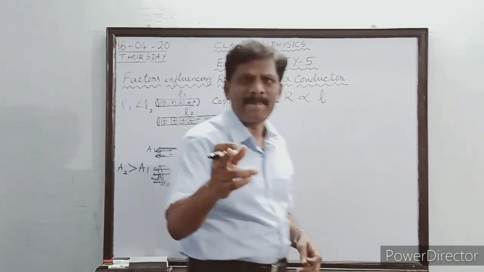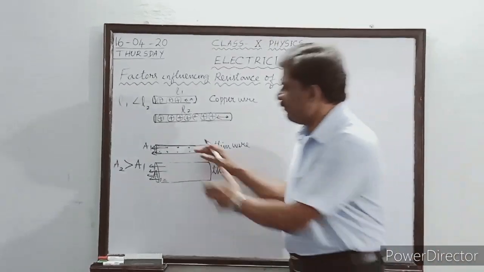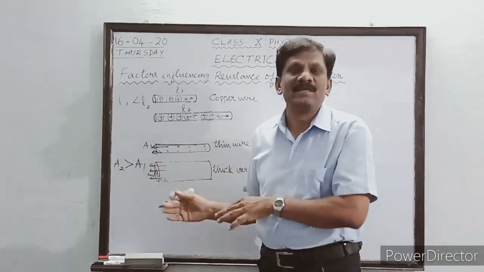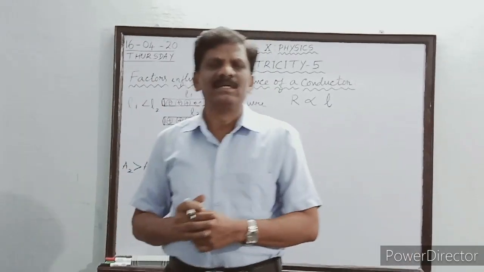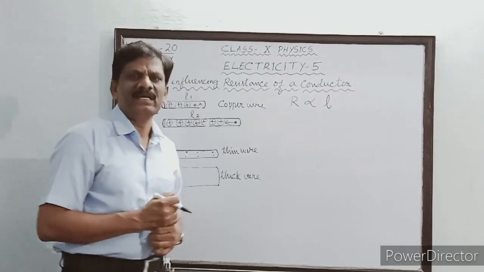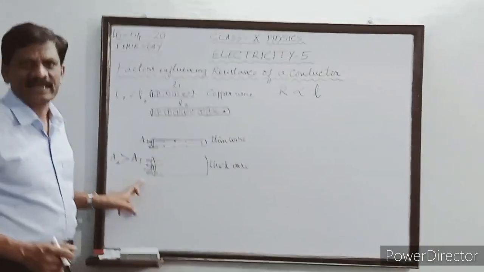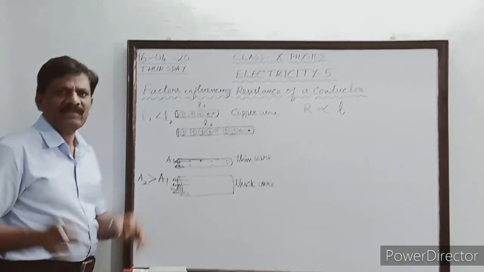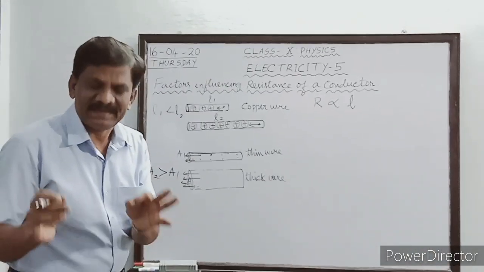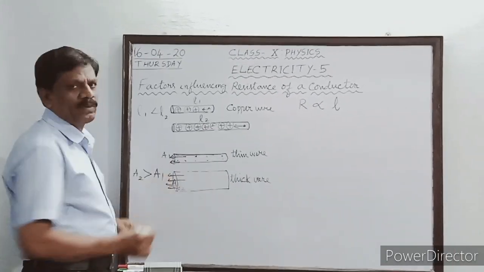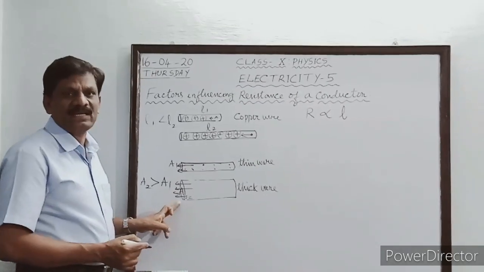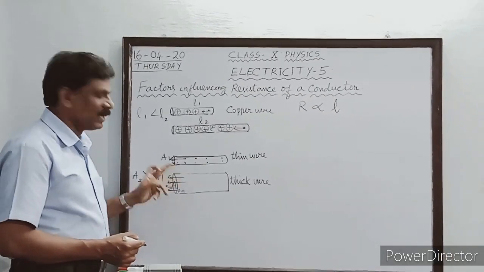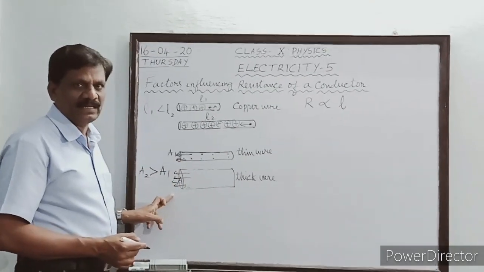Have you understood? Good. So, in which of these two wires can more number of electrons cross the area in the same time or in a short time? That is the second wire. So, for a given time, in the first wire only few electrons can cross, while for the same time in the second wire of greater thickness, more number of electrons can cross the area.